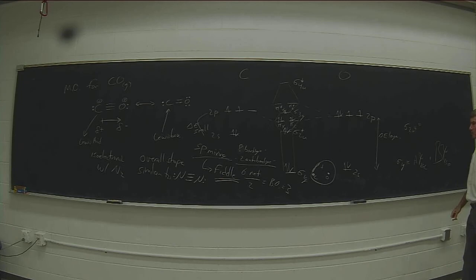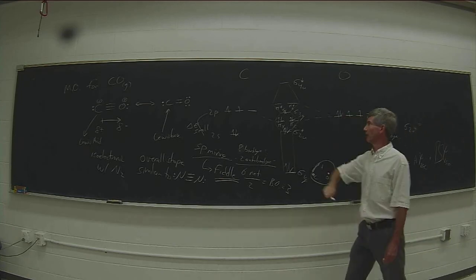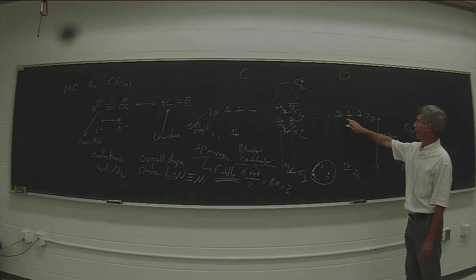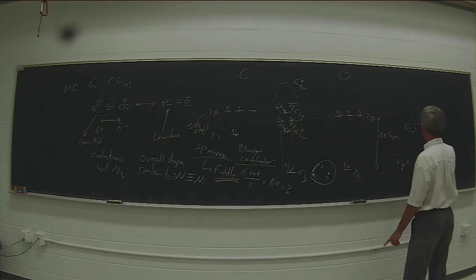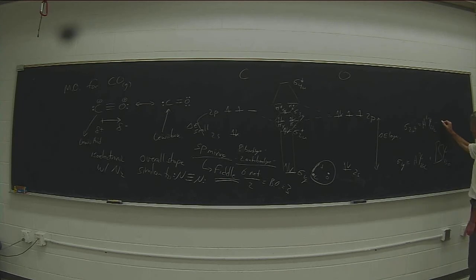Sigma 2u star we can form by either destructive overlap between the 2s orbital on carbon and the 2s orbital on oxygen, or constructive overlap from the 2p orbital on oxygen and the 2s orbital. So in essence, we're going to have some coefficient times the 2s orbital on carbon minus some smaller coefficient times the 2s orbital on oxygen, but then also plus a decent sized contribution from sigma 2p on oxygen.